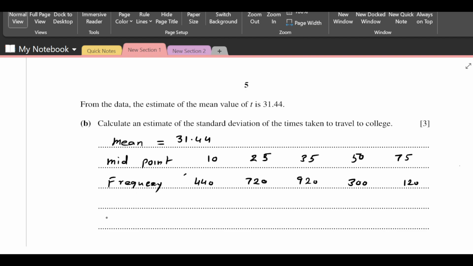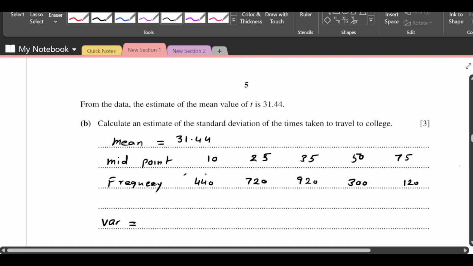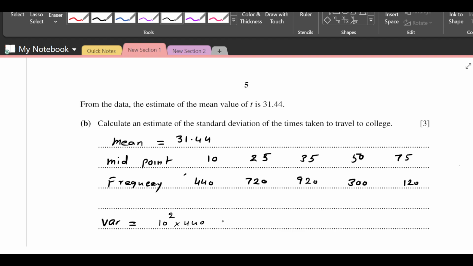So to find standard deviation, we will first calculate variance. So your variance is equal to 10 square times 440 plus 25 square times 720 plus 35 square times 920 plus 50 square times 300 plus 75 square times 120.